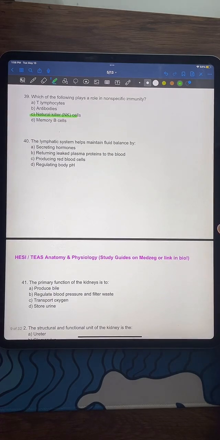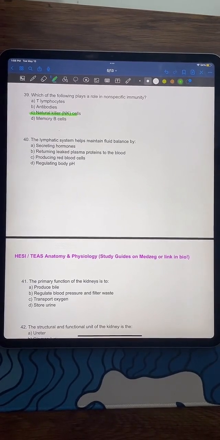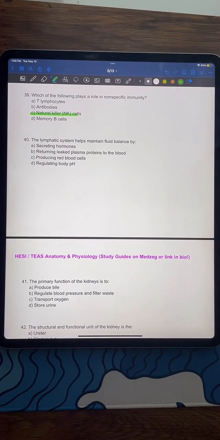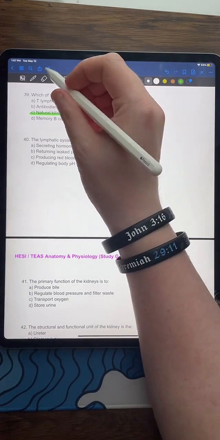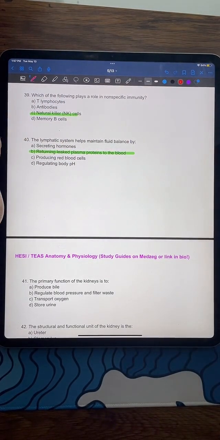Number 40, the lymphatic system helps maintain fluid balance by... Give you guys a moment to answer. And it's B, returning leaked plasma proteins to the blood.